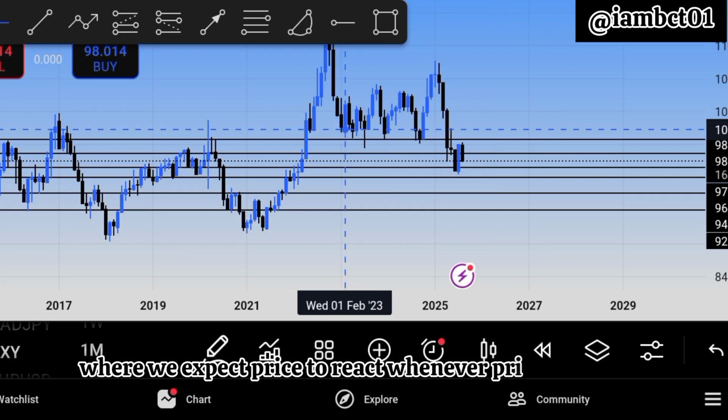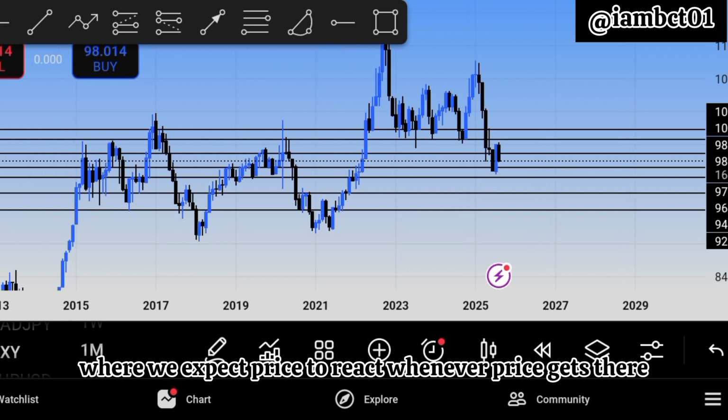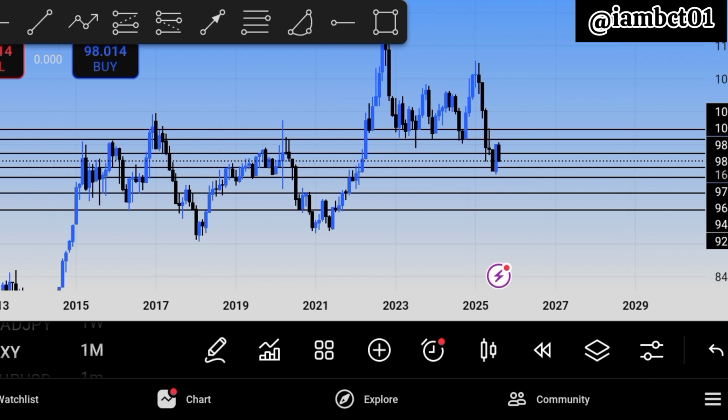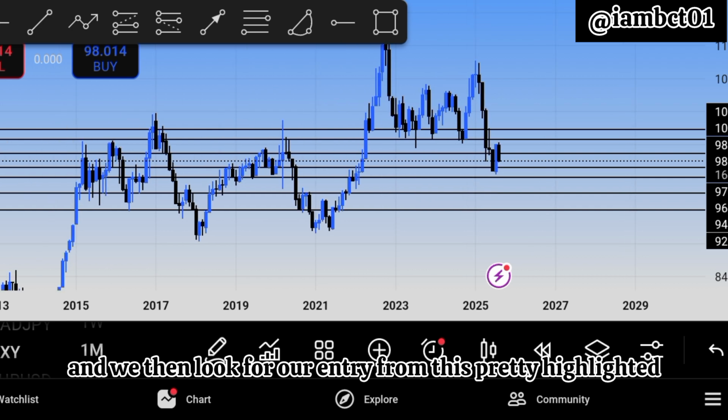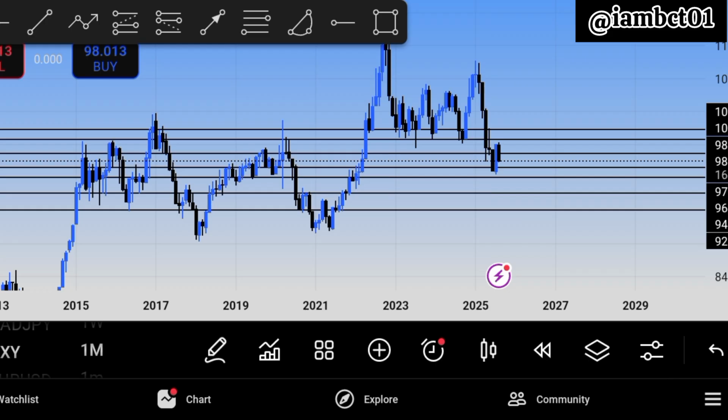This is where we expect price to react whenever price gets there, and we then look for our entry from these highlighted zones.